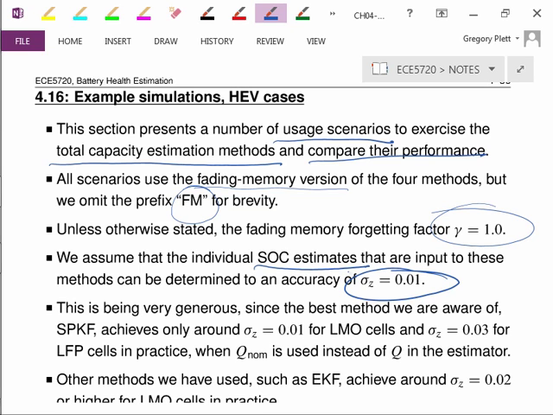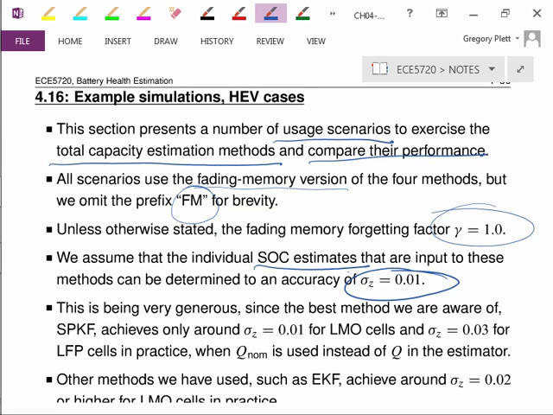For cells like lithium iron phosphate, which have a really flat voltage curve, it's hard. The voltage information has very little information regarding what SOC is, so the feedback correction of voltage measurement in sigma point Kalman filtering for LFP cells is quite weak. And so in my experience to date, 3% estimation error, 1 sigma, is pretty good.